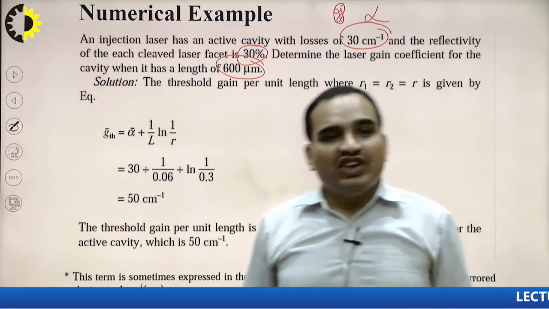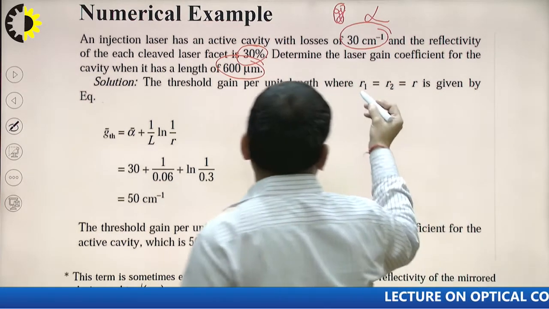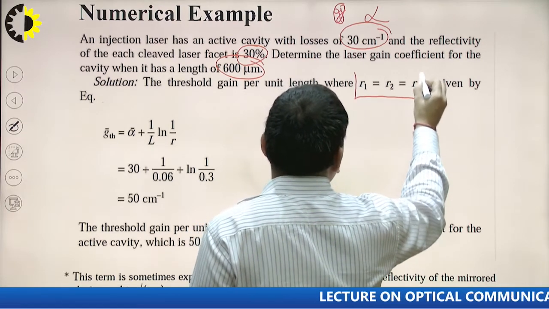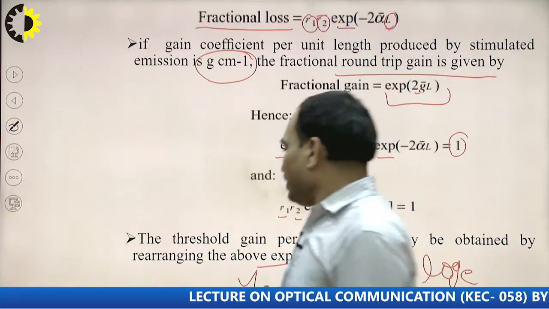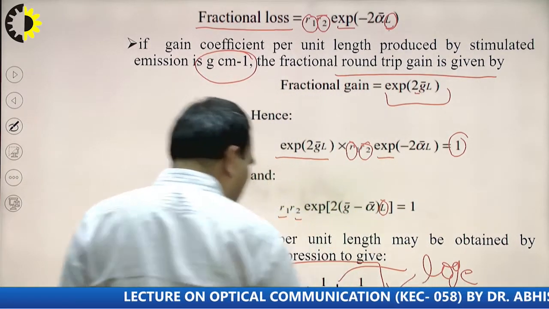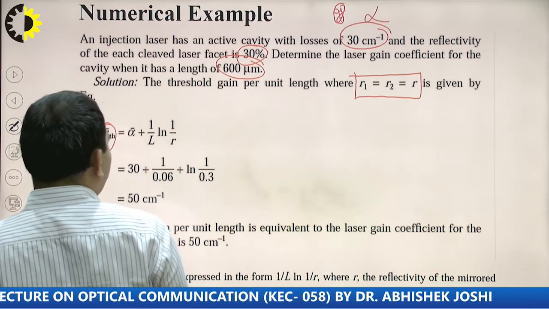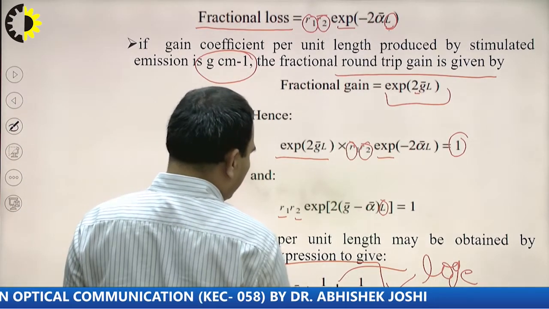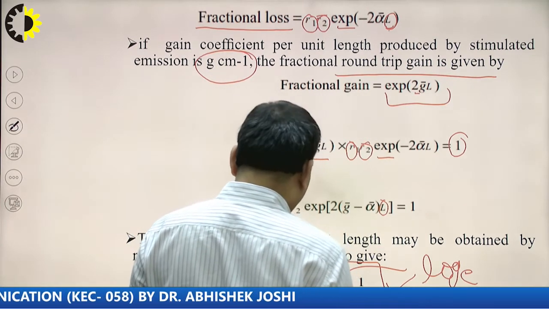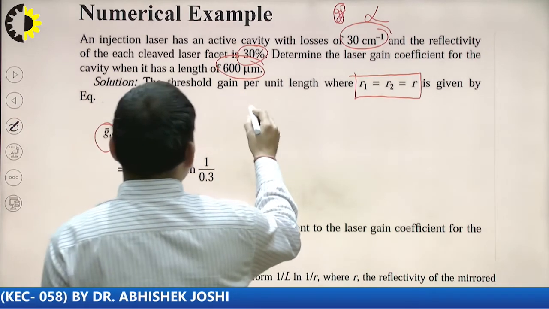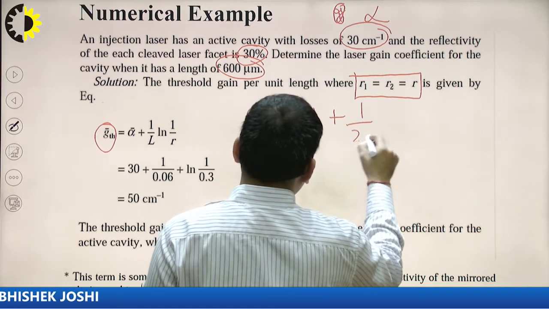So the threshold gain per unit length, when we consider the reflectivities R1 equals R2 equals R, the equation is reduced to the Gth term, that is alpha plus 1 by 2L.